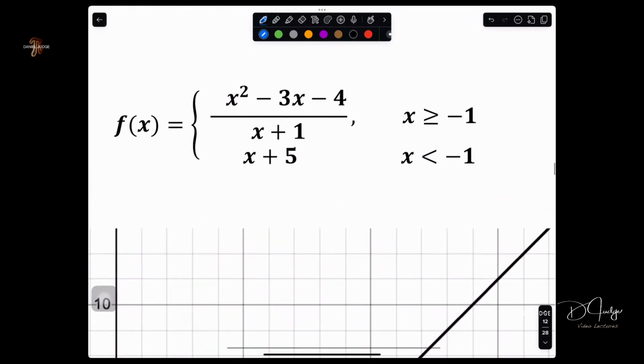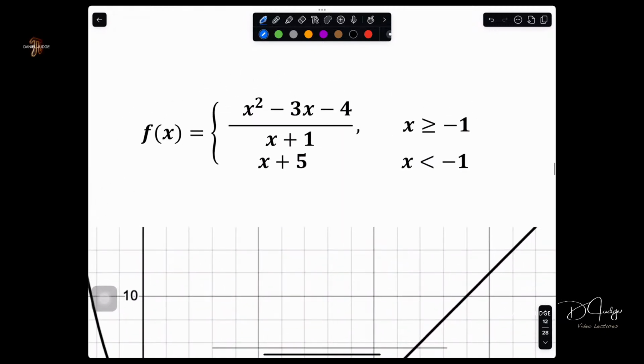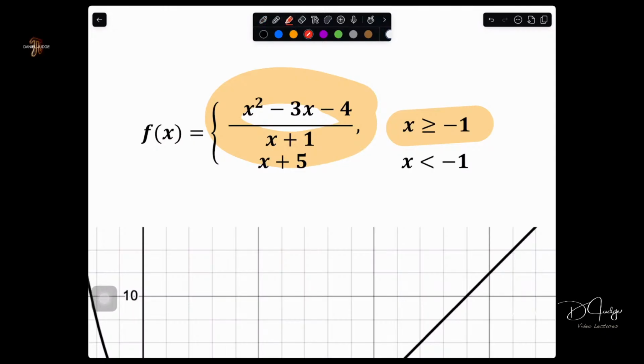Let's look at how to read this piecewise function. Now, you have a rational function on top here that's used when x is greater than or equal to -1. However, there's a problem here with this. The denominator could never be 0.